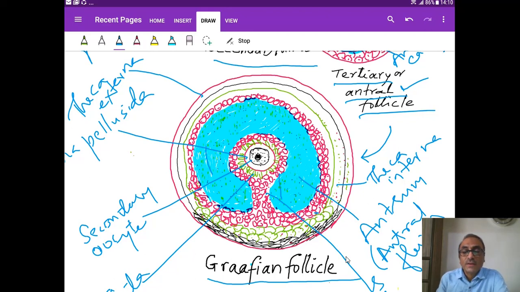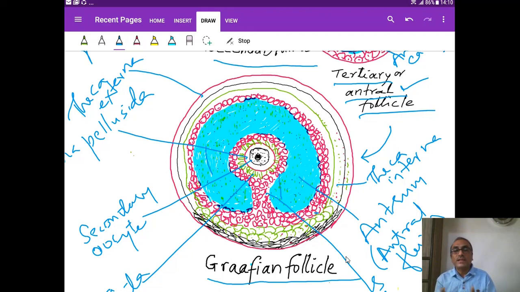Endocrine regulation is there. That cycle repeats every 28 days in a mature human female. So that is what is called the menstrual cycle, and the 14th day is the mid-cycle day.